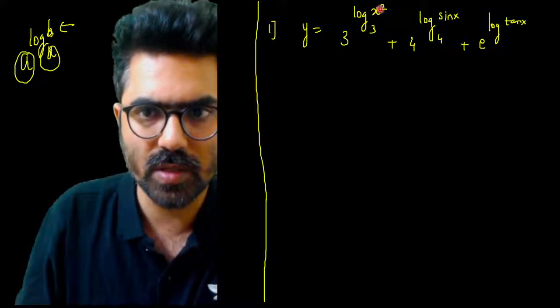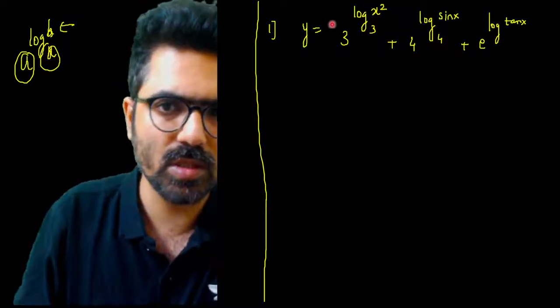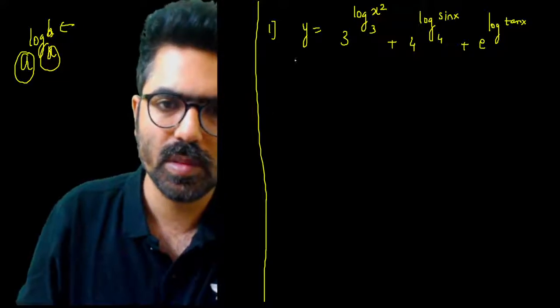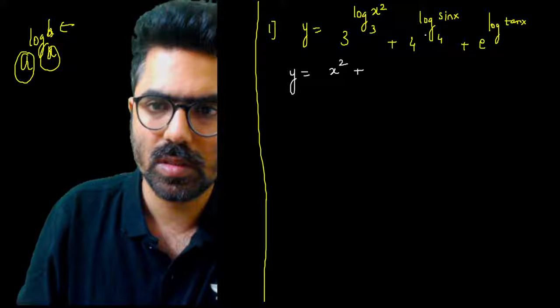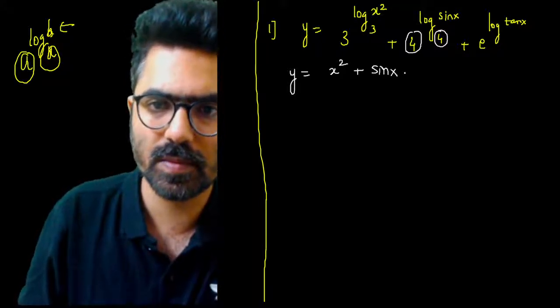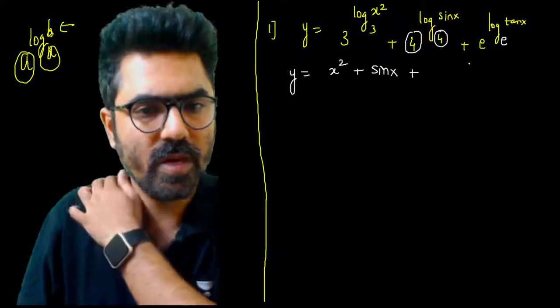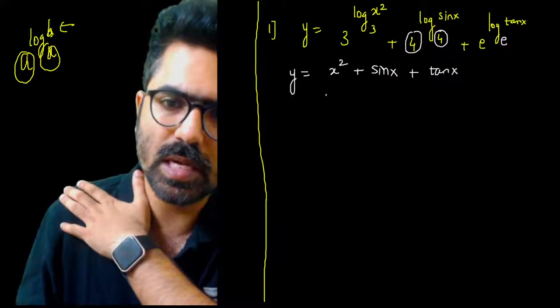Log is in the power of 3, so this entire part is actually x square. So y is equal to x square. Same here, this is 4, so this is actually sine x, and here by default the base is e. When nothing is written, by default it is e. This will be the same as tan x.